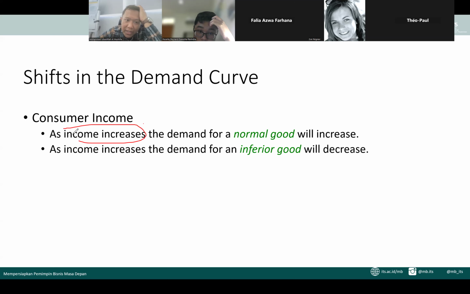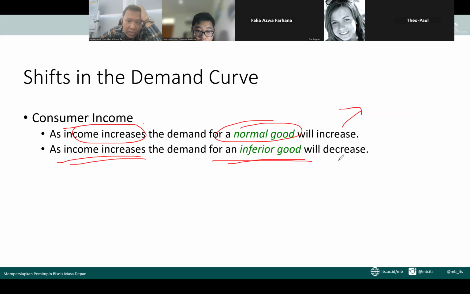But inferior goods are goods that are lower in quality. When we have an increase in income, it will reduce the demand for inferior goods, because when people have more income, they will buy better quality goods.